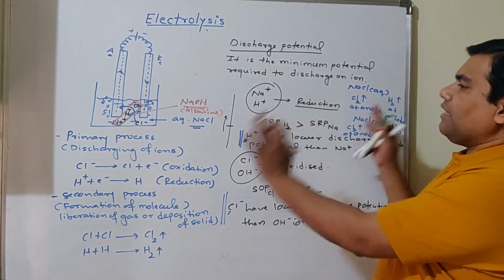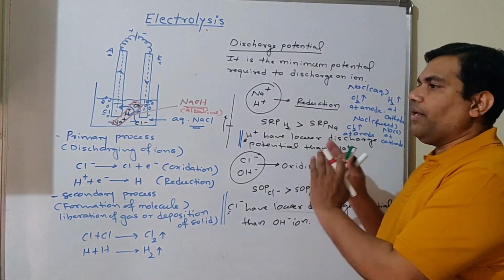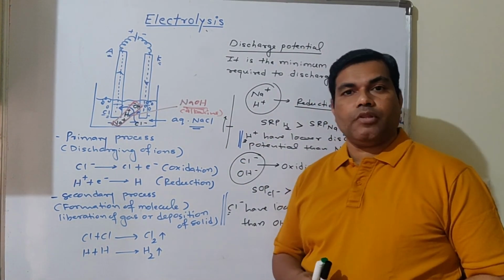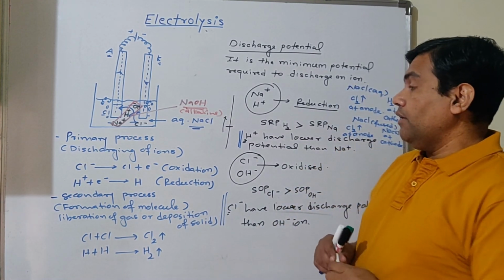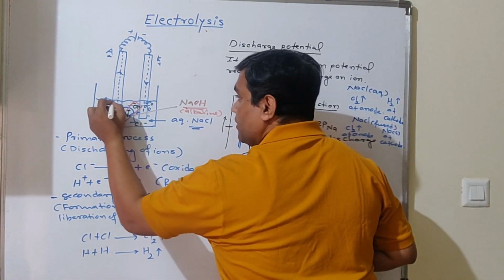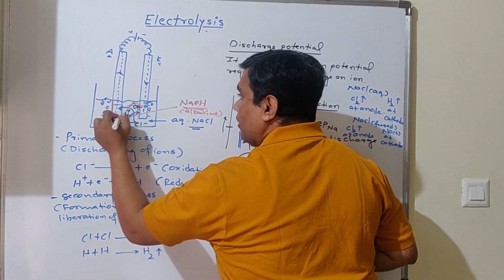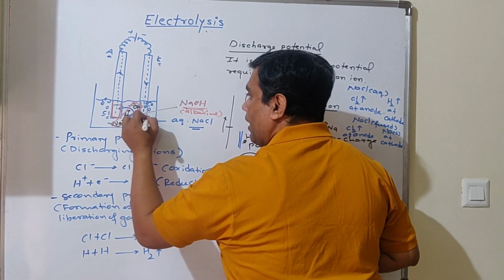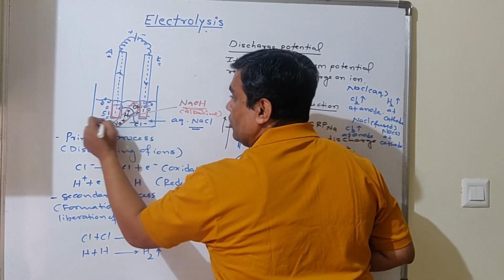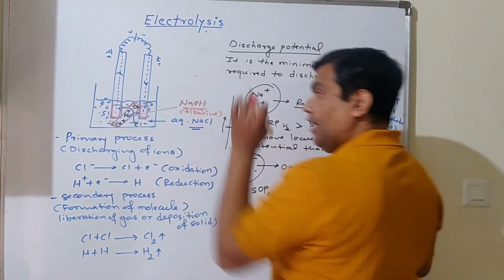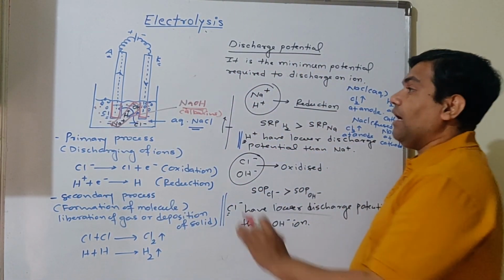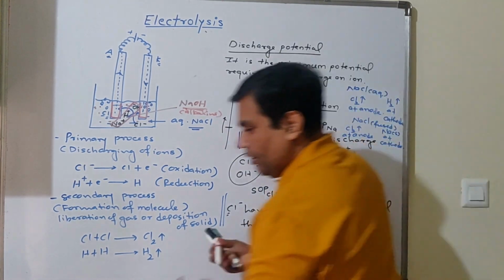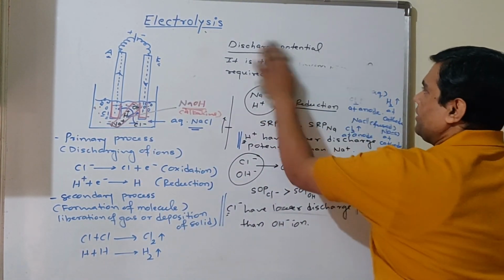Now, what are the important things that have to be understood over here? Number one, the electrolysis always takes place at the surface of the electrode and not inside the solution. Let us just write this down.